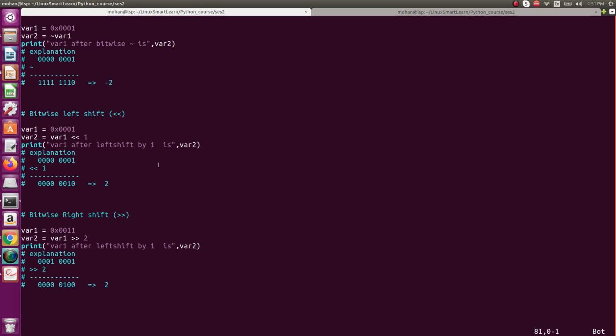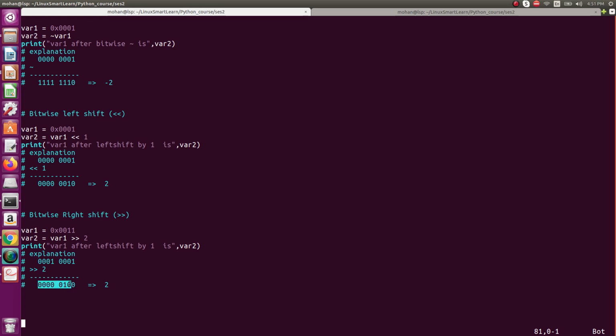Now let's see the right shift example. Let's say we have var1 equal to hexadecimal 11. The binary representation of 0x11 is as follows. Now let's say we have to right shift by 2 places. This one will be placed in this bit position, and this one, as a rollover, goes out, and a 0 will be present.